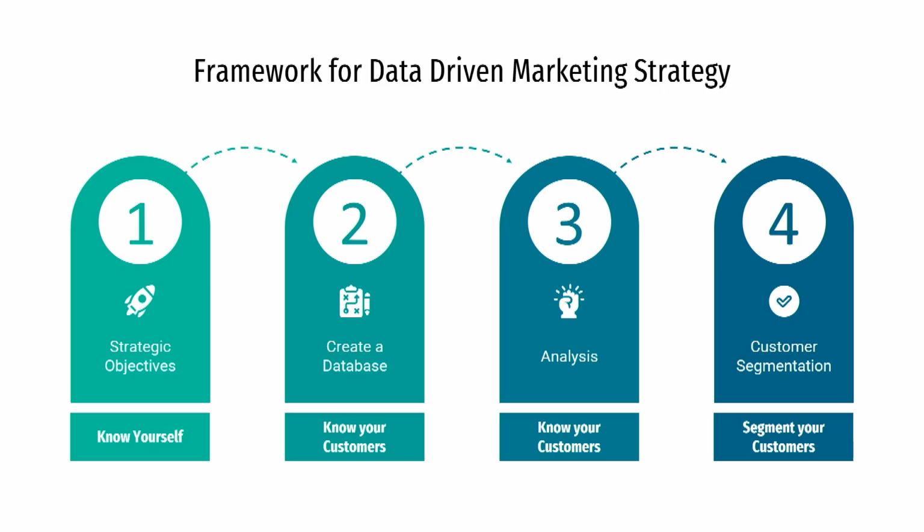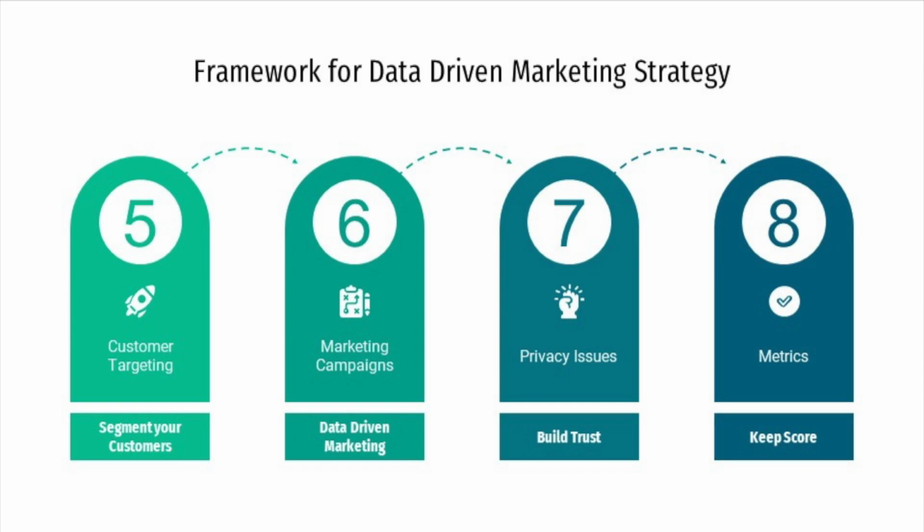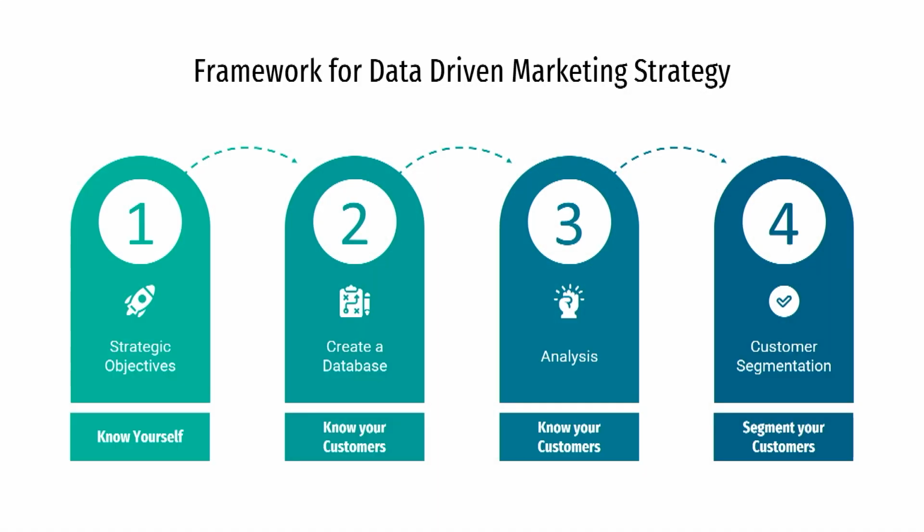First one being the strategic objectives, followed by creation of a database about customers, then analysis of the customers data, customer segmentation, customers targeting, marketing campaign, privacy issues and ultimately the metrics. We will try to understand various components of this data driven marketing strategy framework.